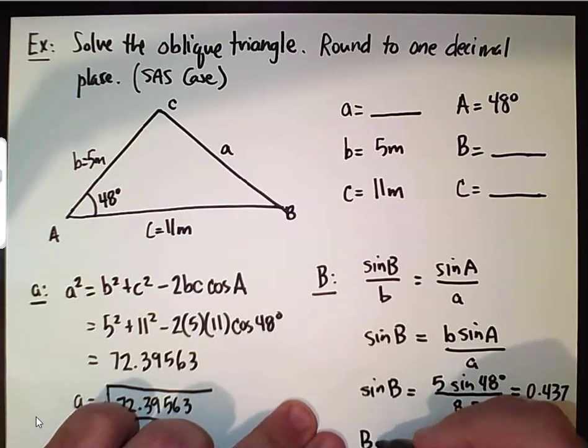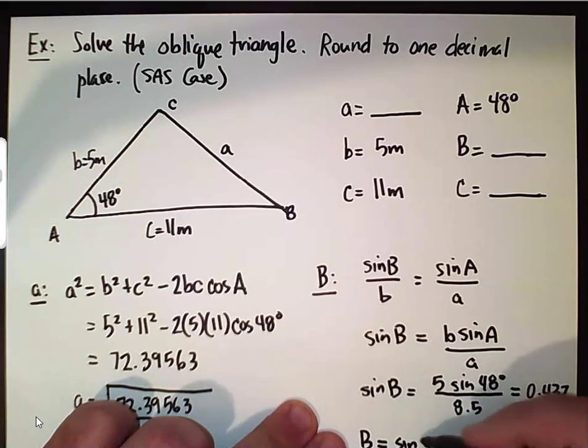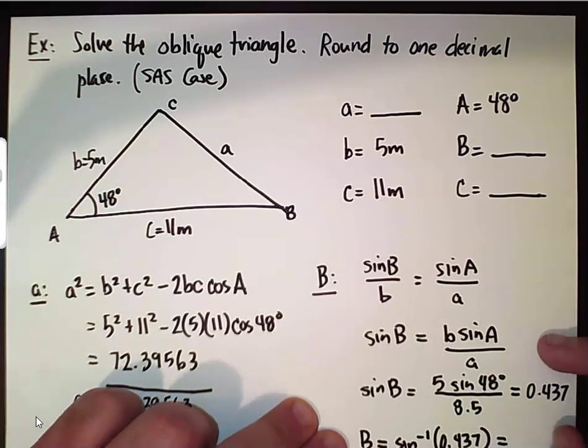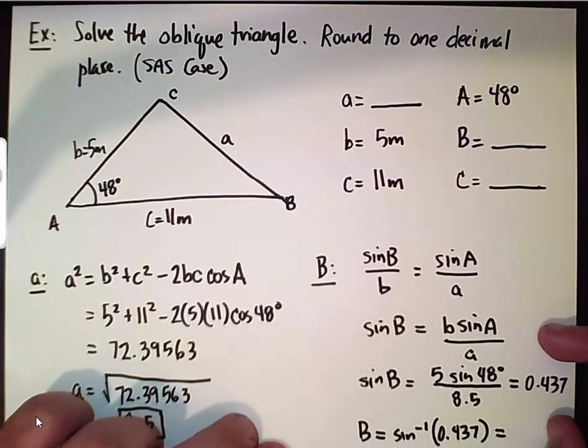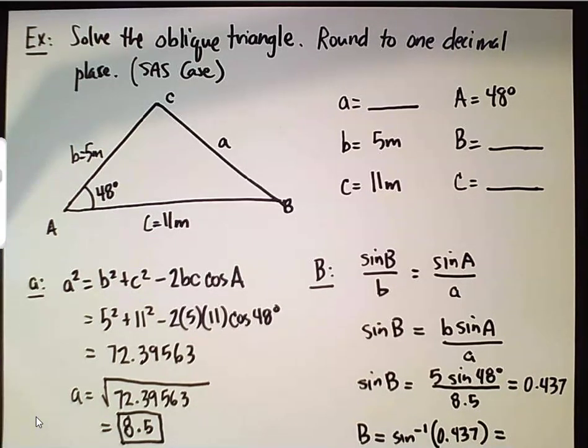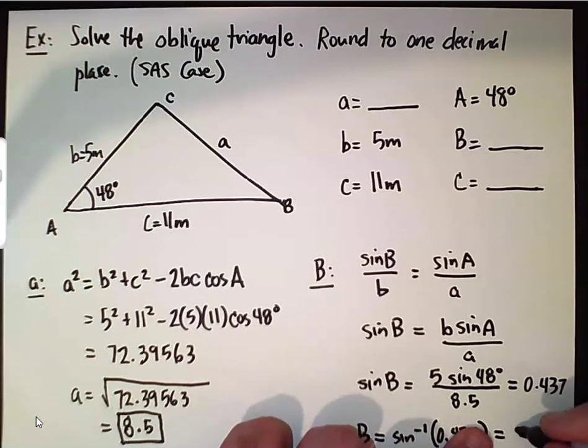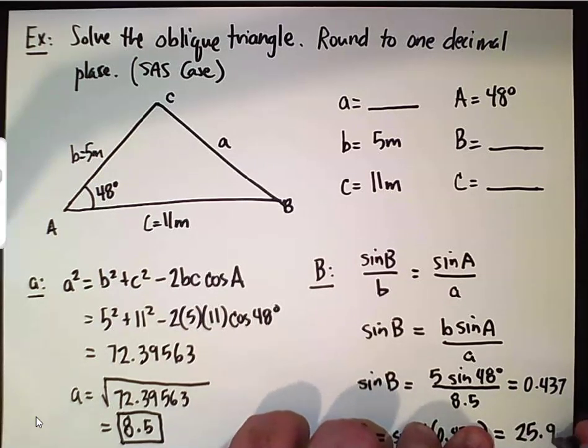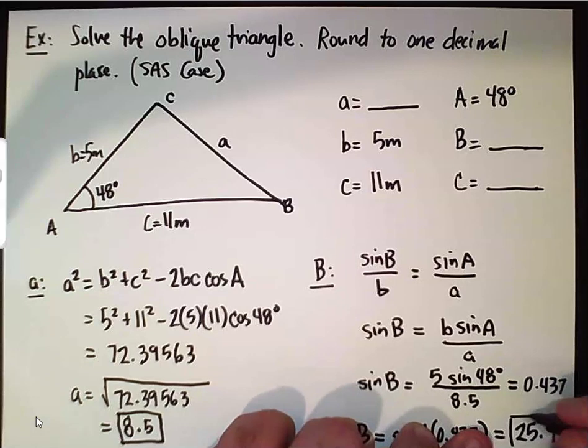So that means that angle B is going to be the inverse sine of 0.437. And so when I do second sine on my calculator of 0.437 and round to one decimal place, angle B is 25.9 degrees.